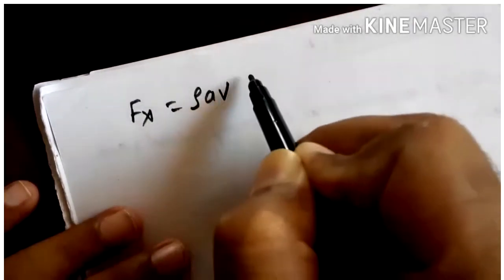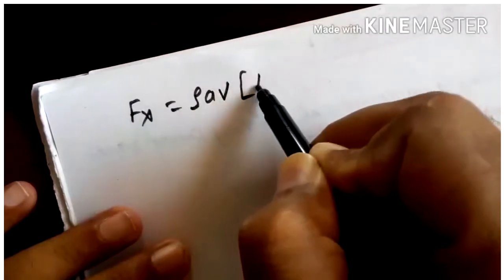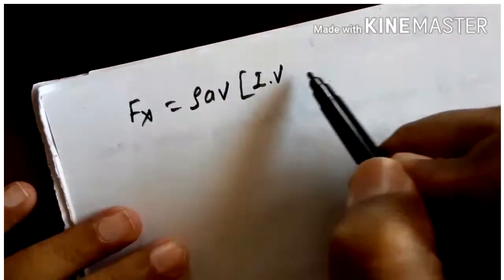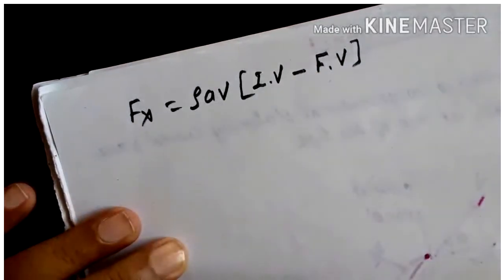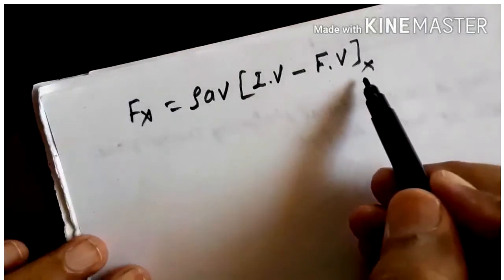Further, Fx equals mass flow rate, which as you know can be written as rho a v, into initial velocity of jet minus final velocity of jet, but in x direction we have to take.